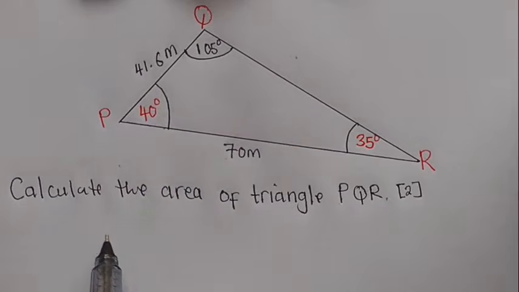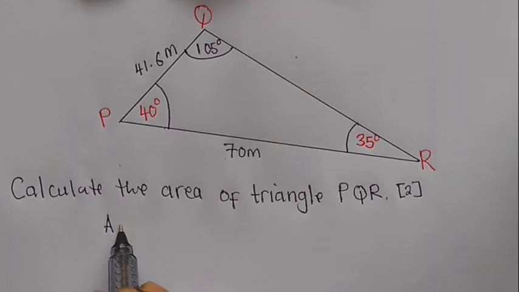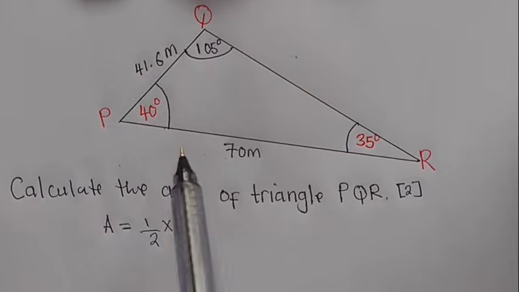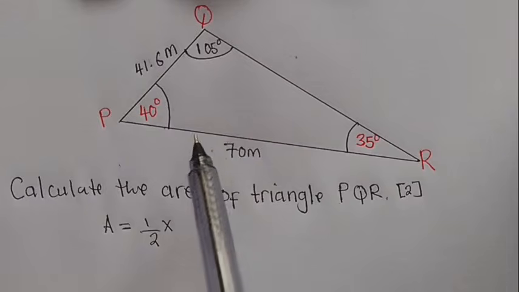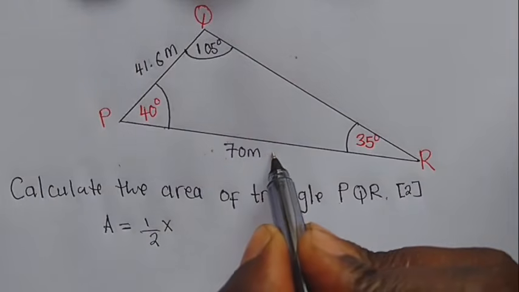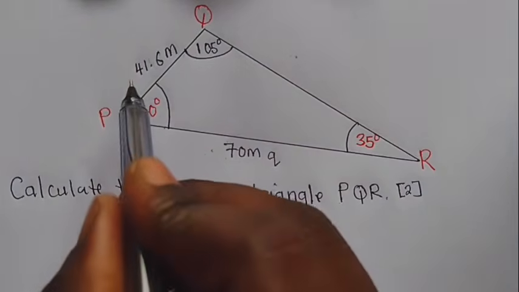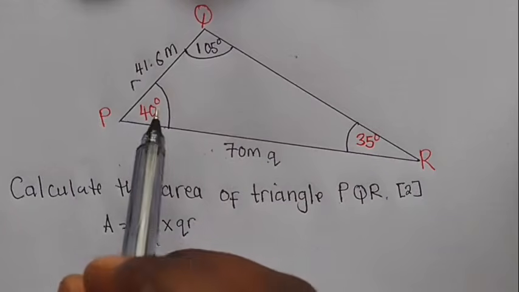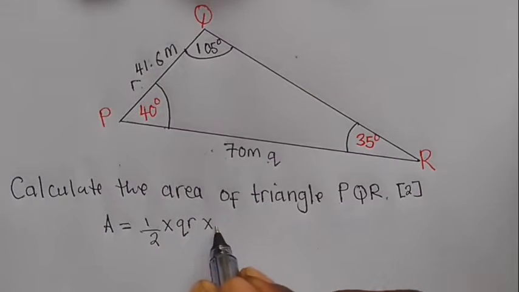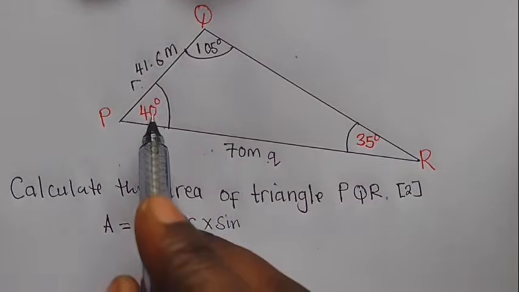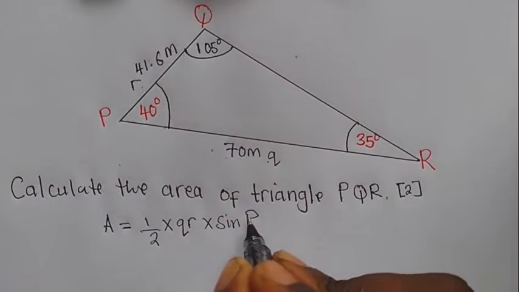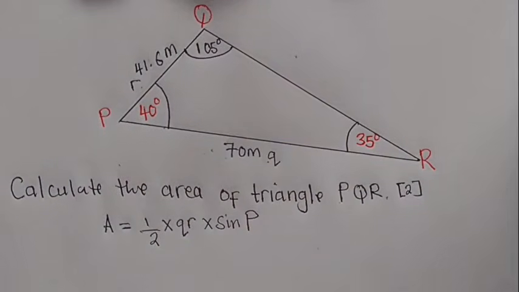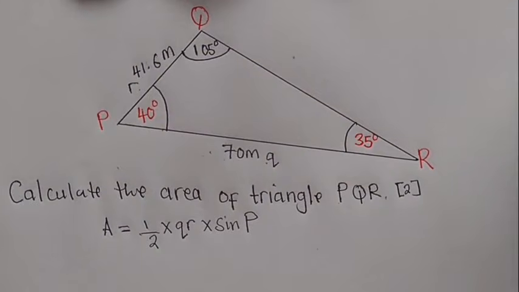We are going to say area is equal to 1/2 times, since I'm using this side and this side, we said this side is small letter q, then this side is small letter r. So we say q r, times sine of the angle at P. So we are going to say sine P.